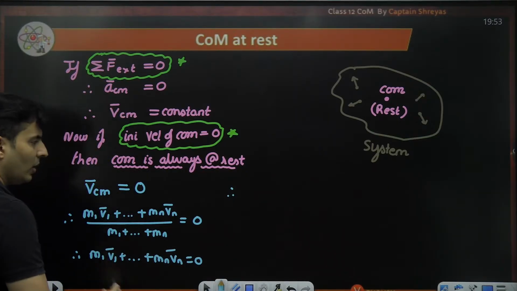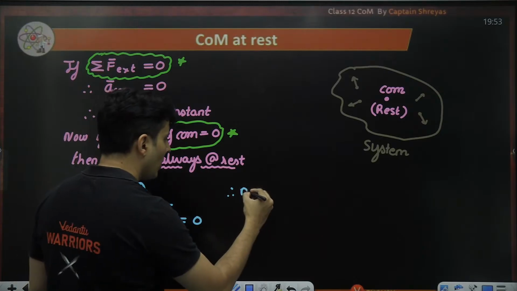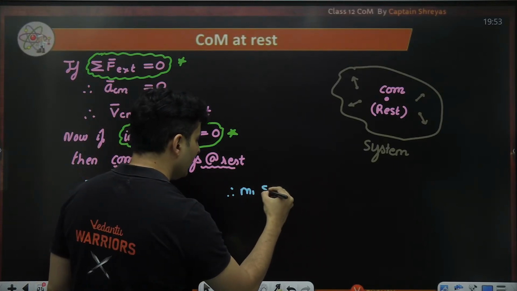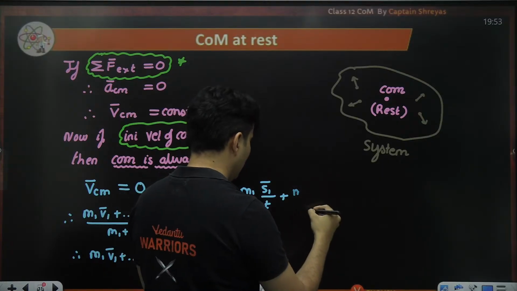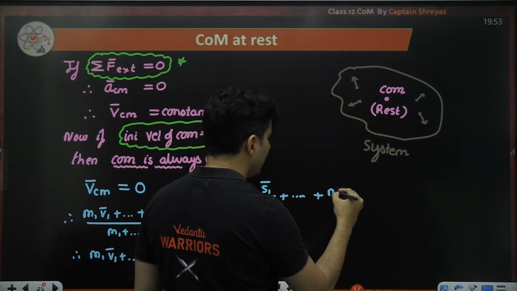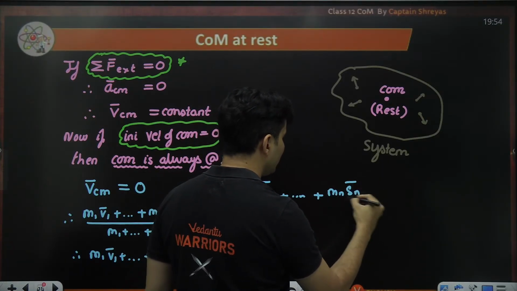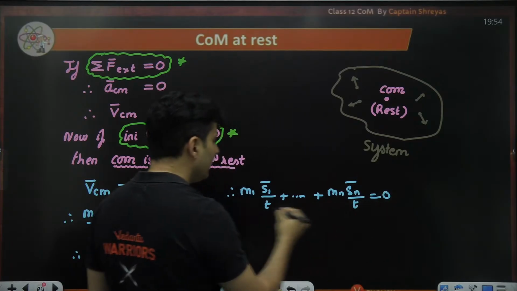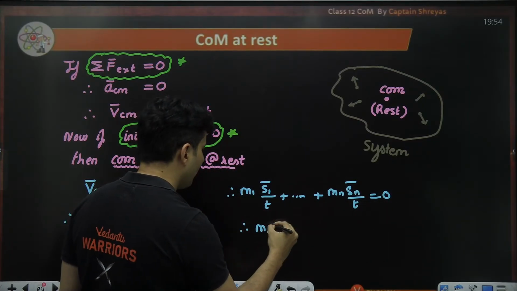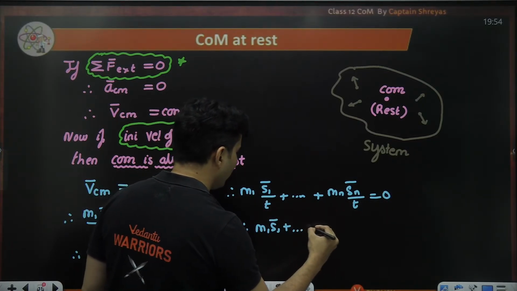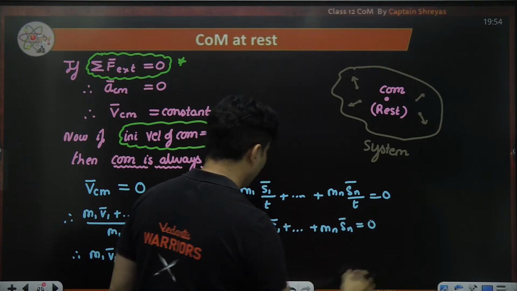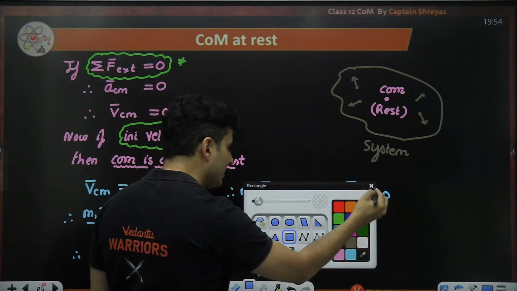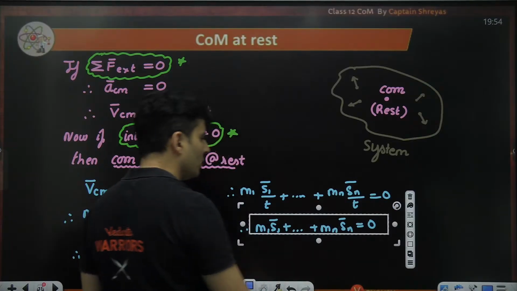Velocity is displacement by time. So m1 into displacement 1 by time plus m2 into displacement 2 by time, like that, mn into nth displacement by time will be 0. T will cancel and I will get m1 s1 + m2 s2 + mn sn is going to be a big fat 0. Now this is the formula which you need to know.